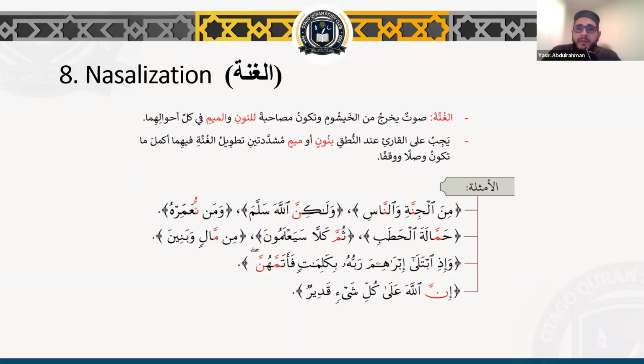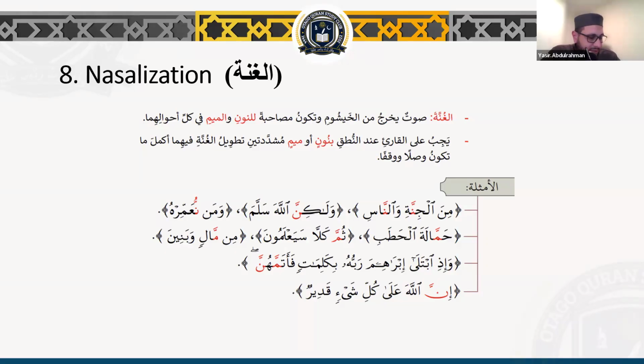So that is purely from an articulation point perspective. However, because this nasal sound that comes from the nose has different lengths based on different recitation rules, from the angle of the time it takes to pronounce the ghunna, we also talk about it from the characteristic perspective, right?